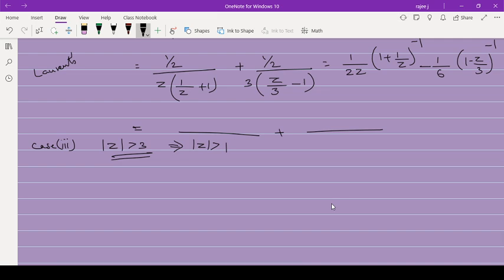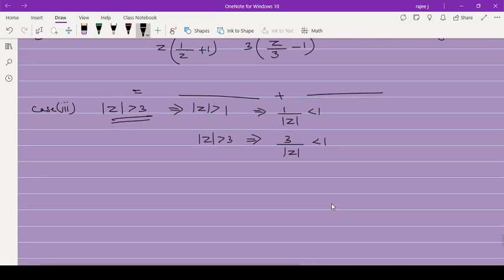So if mod z is greater than 1, that means 1 by mod z will be less than 1. And mod z greater than 3 also means mod z by 3 is greater than 1. Or conversely we can write 3 by mod z will be less than 1.